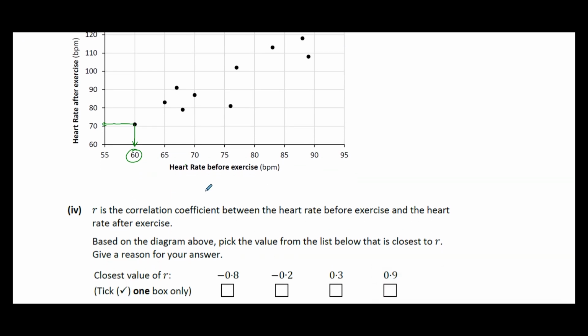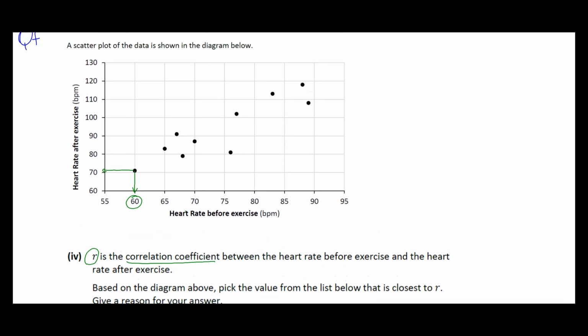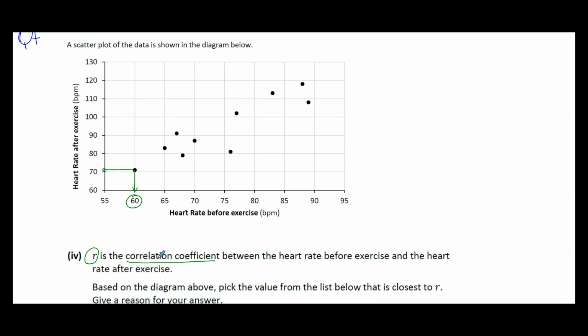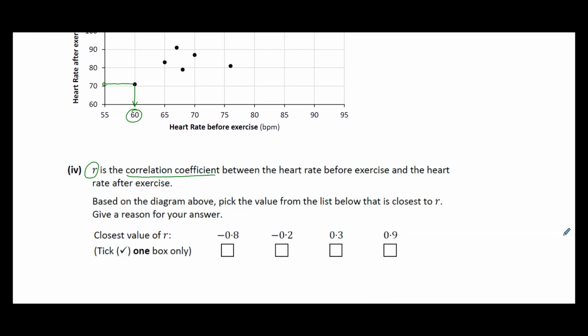R is the correlation coefficient between the heart rate before exercise and the heart rate after exercise. So R means correlation coefficient. Basically, in simple terms, it means: is there a relationship, is there correlation between two sets of data?